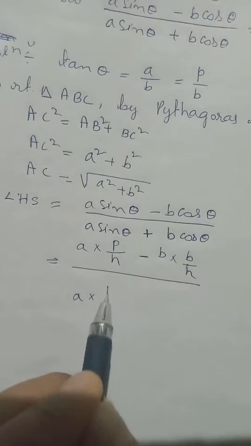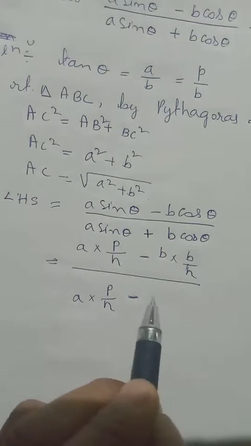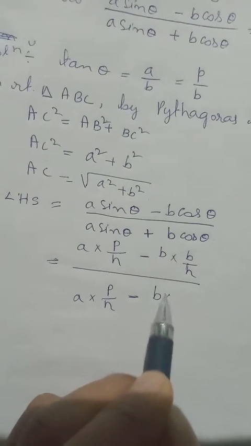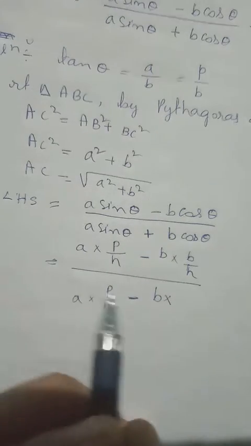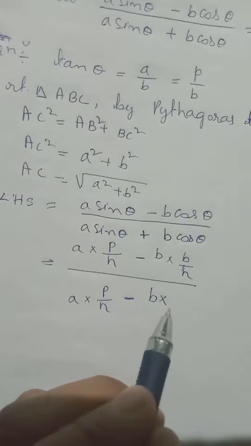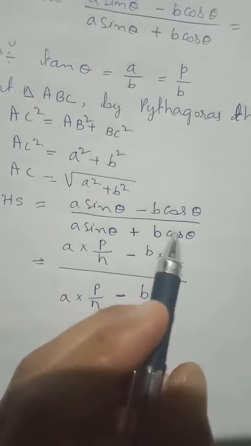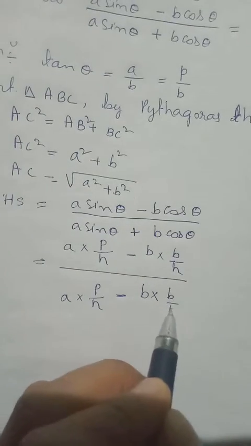The definition of sine we know is P by H, then minus b into P by H. For the time being let's write cos θ, we know it is base by hypotenuse.